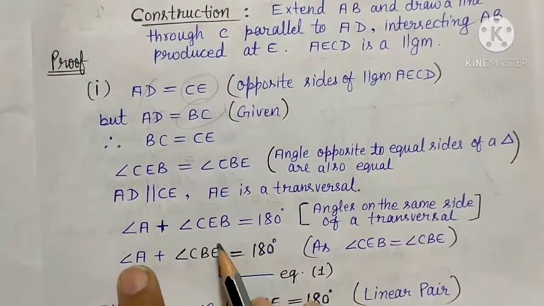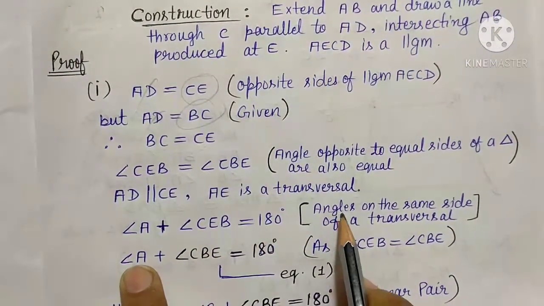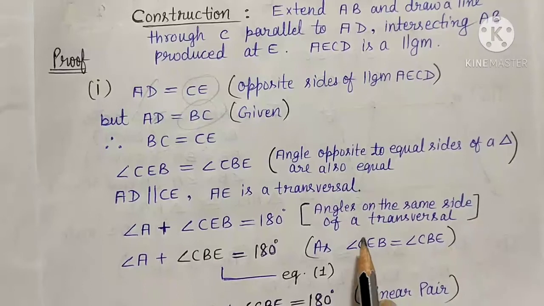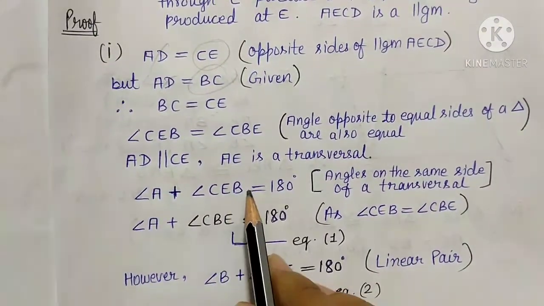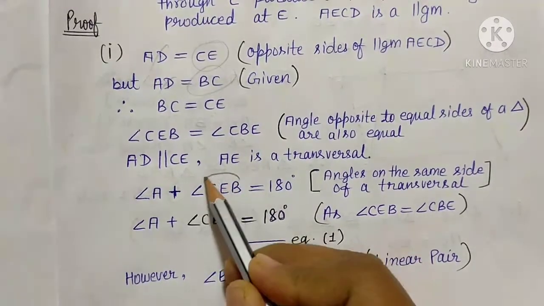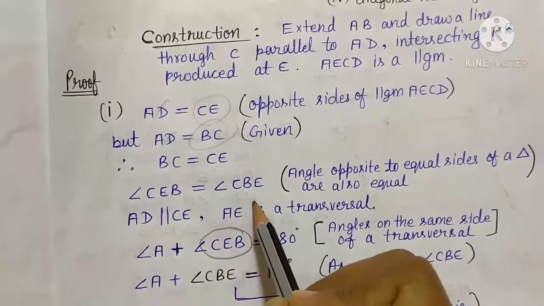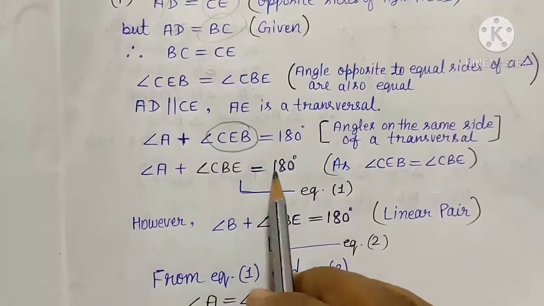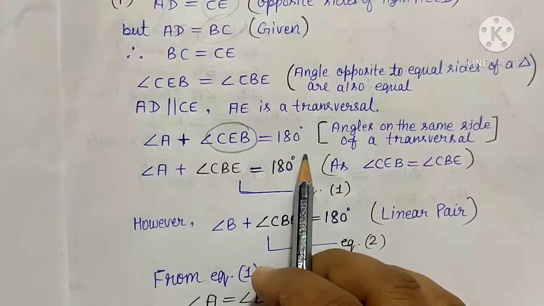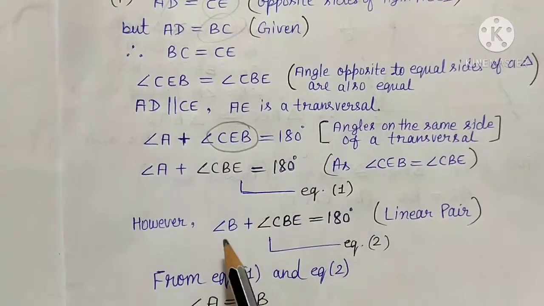Their sum will be 180 degrees, because these are the angles made on the same side of the transversal. So angle A plus angle CEB, or in place of CEB we can write angle CBE, since we have proved that CEB equals CBE, equals 180 degrees. Okay, this is our equation one.